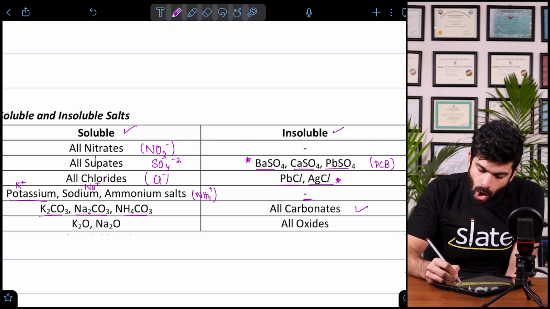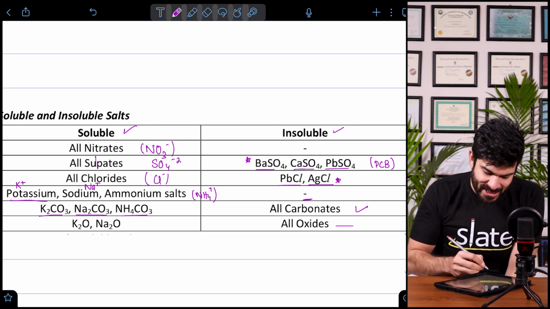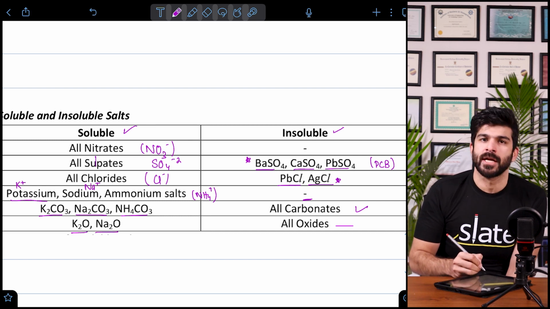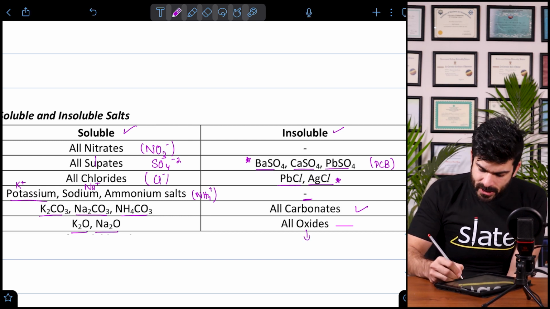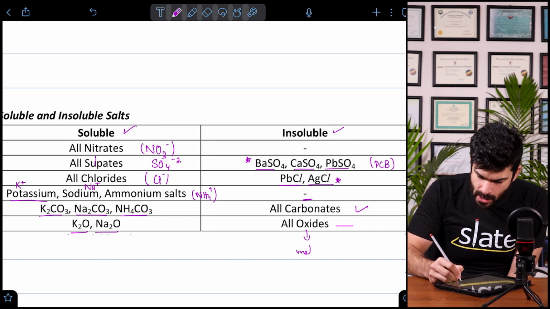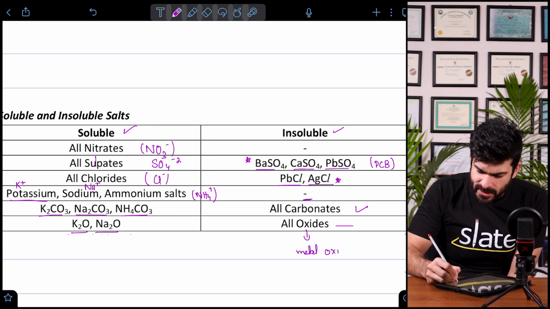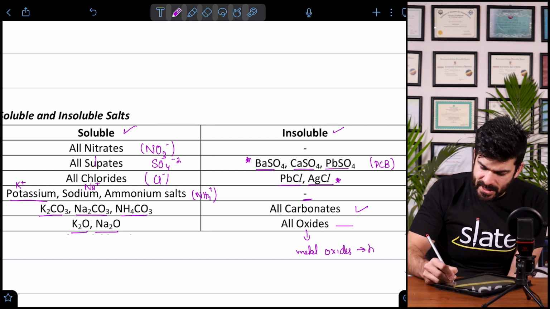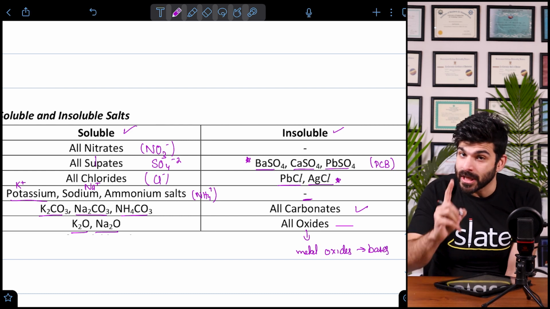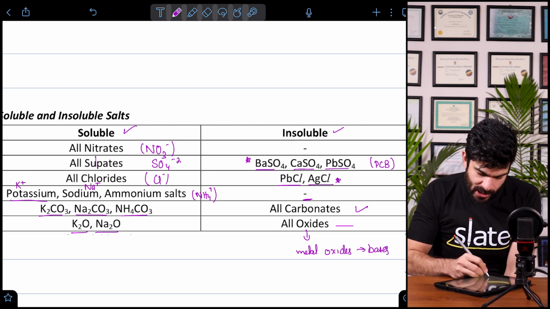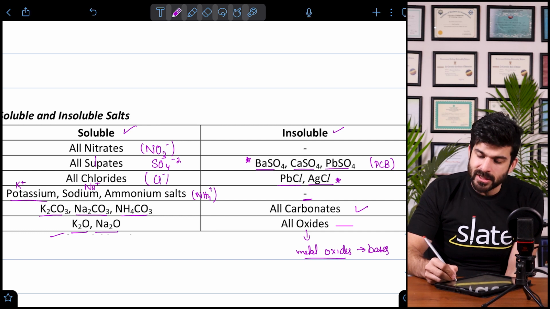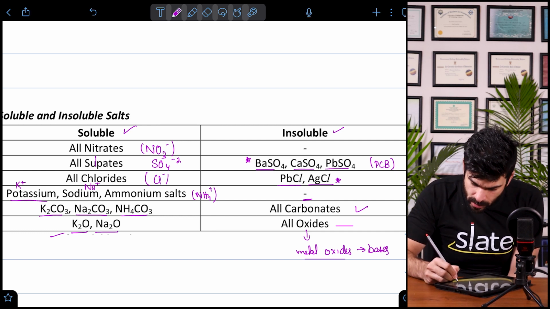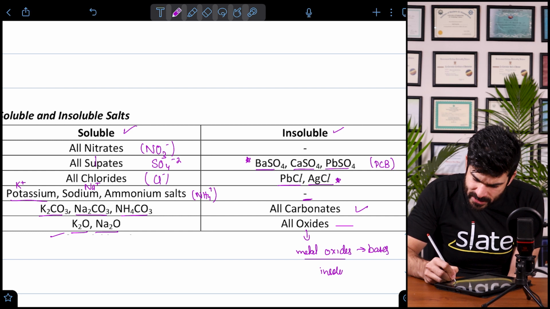And lastly, all oxides are insoluble except potassium and sodium oxide. Remember, oxides are also metal oxides. And what are metal oxides? They are bases, not alkalis, because alkalis are the water soluble ones. Metal oxides are bases, or insoluble bases.